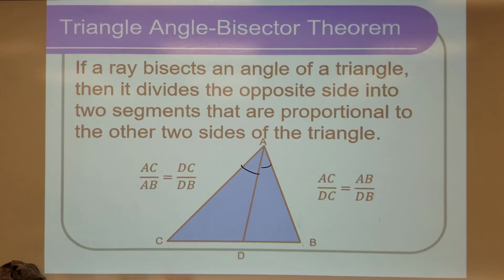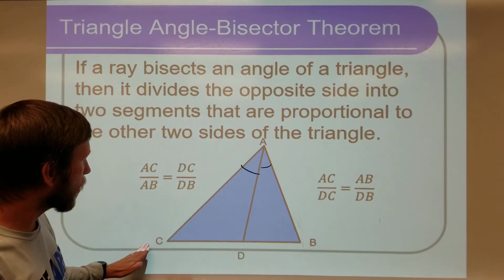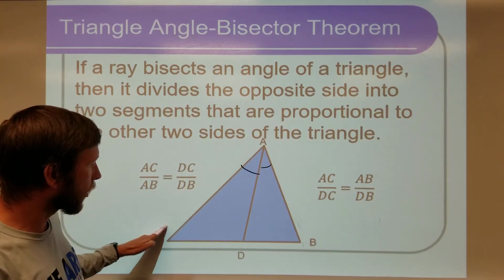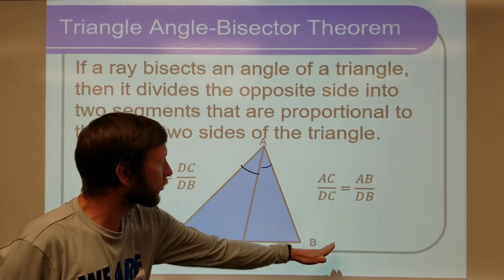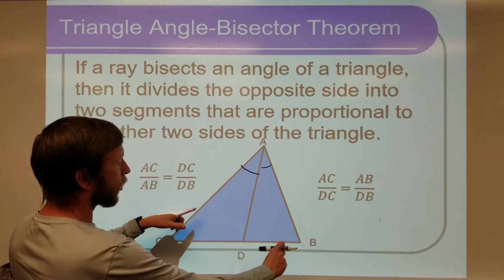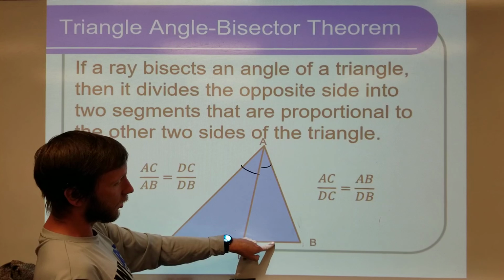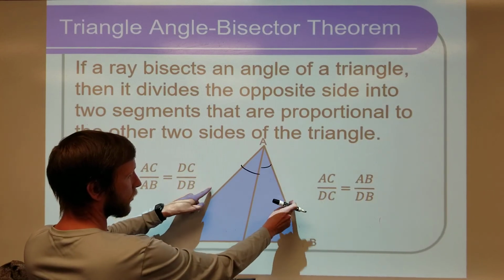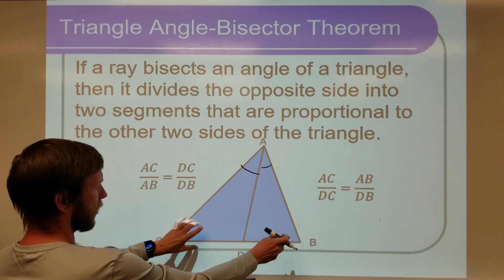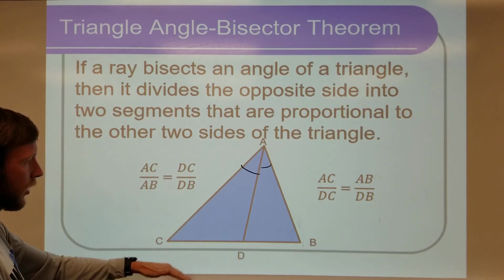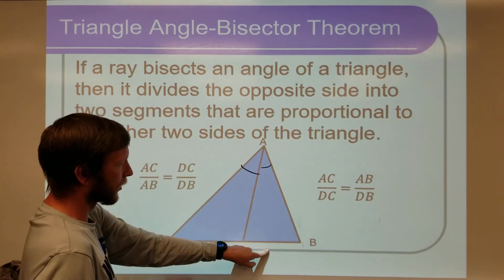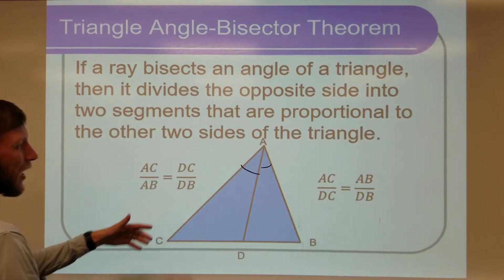We can also say that AC over DC, this part over that part, is equal to this part over that part. In fact, that's what we will mostly say, is that this length over that length is going to equal this length over that length. All right? These parts over those parts. I think it's a little less confusing: you have a number here, a number here, a number here, a number here, make a fraction, and then you've got your proportion.